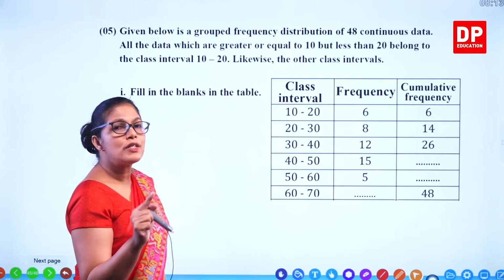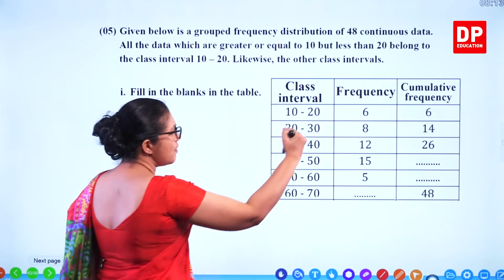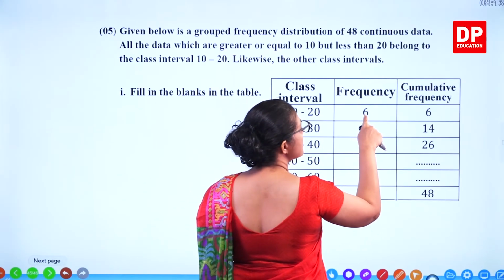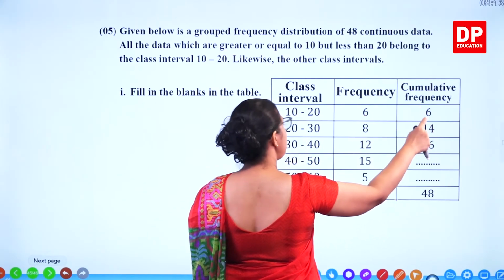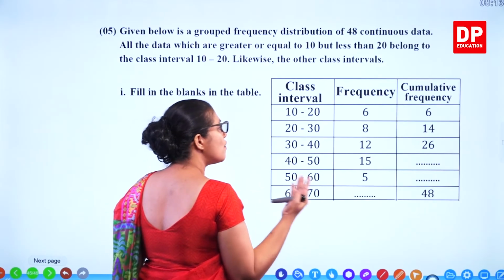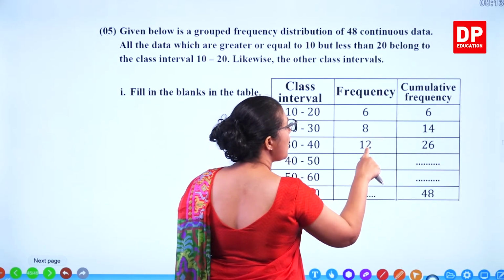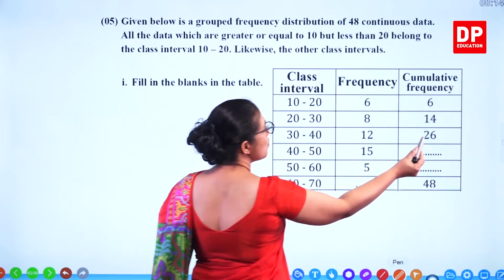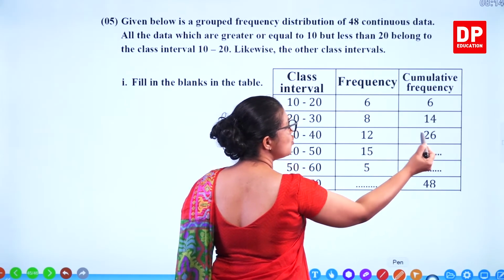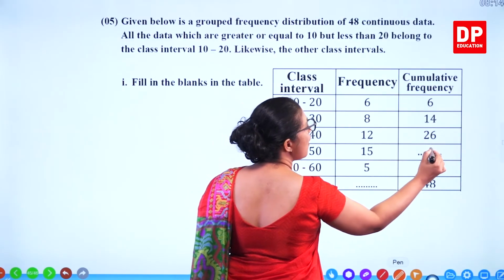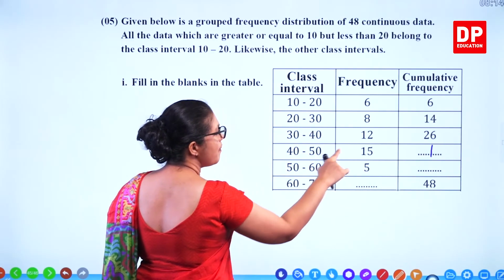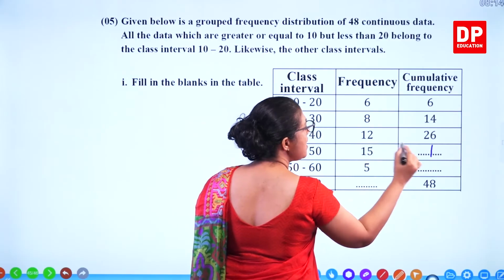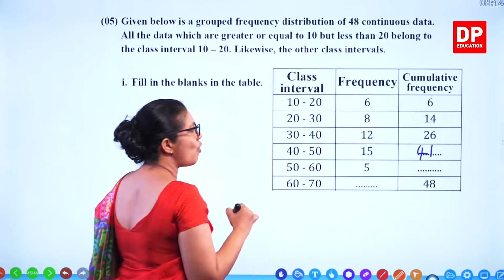So what is cumulative frequency? Adding frequencies downwards, starting with 6. 6 plus 8, 14. 14 plus 12, 26. So how do you fill this? Adding 15 to 26 gives 41.